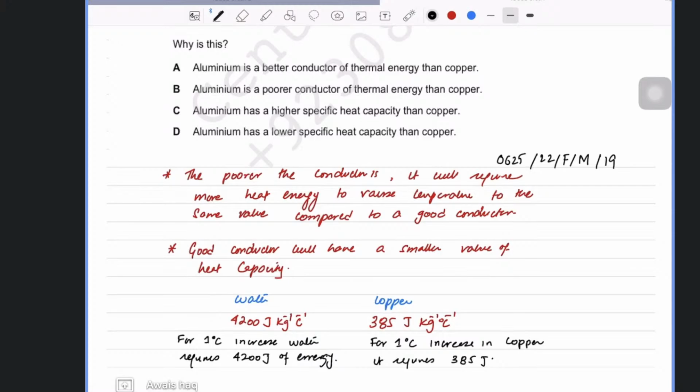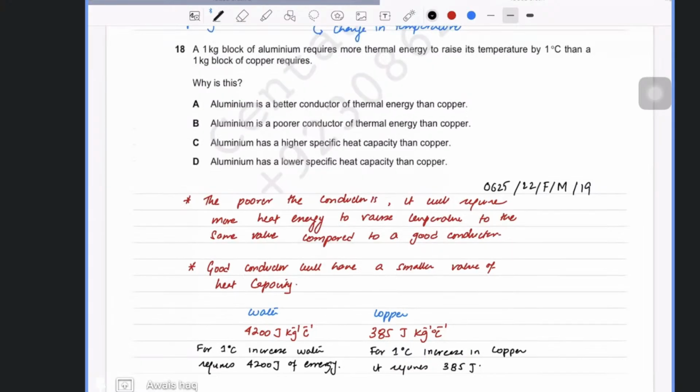Yes, sir. Now, keeping that in mind, let's answer this. It says a 1 kg block of aluminum requires more thermal energy to raise its temperature by 1 degree Celsius than a 1 kg block of copper requires. Why is this? What do you guys think the answer should be? B. Okay.